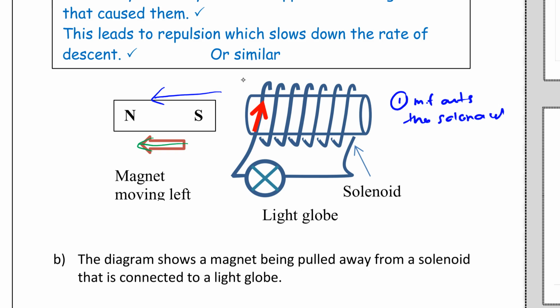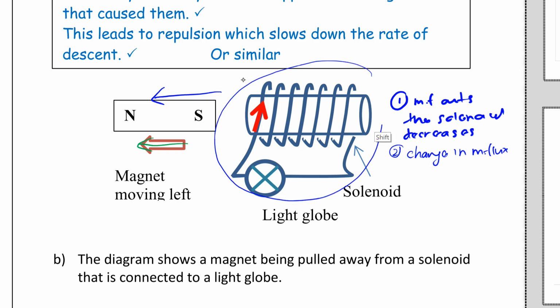That's the first point that you've got to take note of. Second one, let's see what happens next. Since there's a change in magnetic flux, point number two, change in magnetic flux occurs.